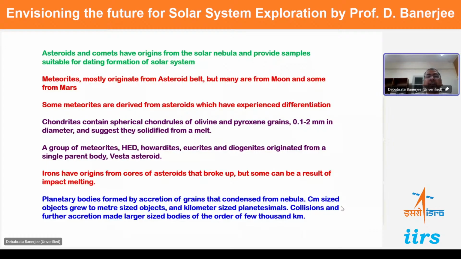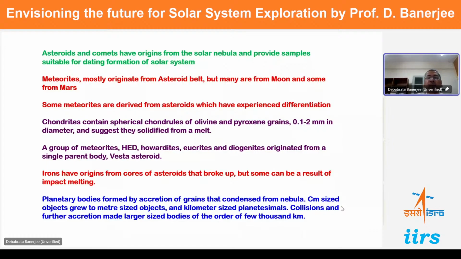And that definitely tells us and will establish that a certain group of meteorites has come from a particular asteroid. So this is one of the things which is yet to be done, and has been only pursued for a couple of cases. Okay, and then you have irons as well.